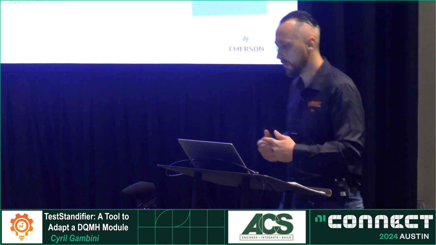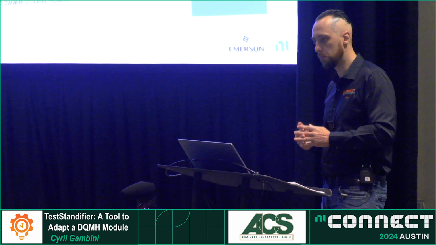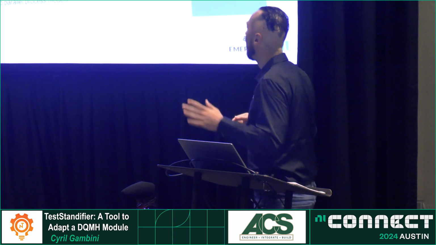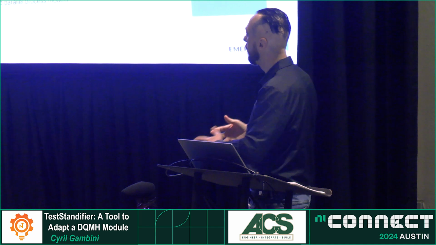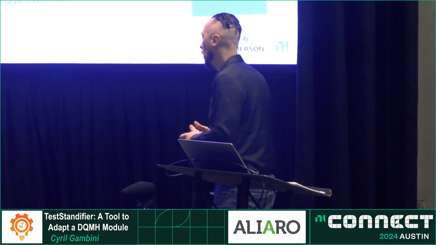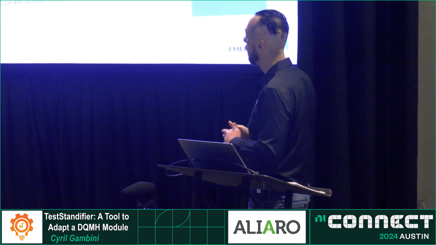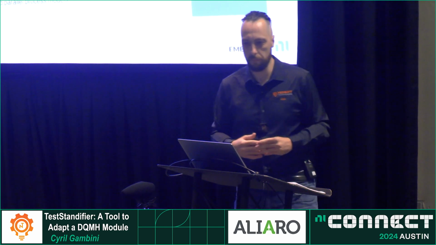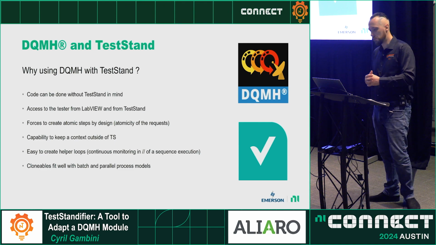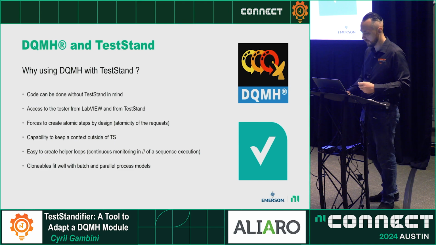So if you have, for example, 16 multimeters, which is not what you will have, I hope, you may create one DQMH module to control a DMM, but you have 16 sockets, and you will just clone your DQMH module 16 times, and you will be able to control each DMM independently thanks to the same module. So we see that there are a lot of benefits of using DQMH with testing.